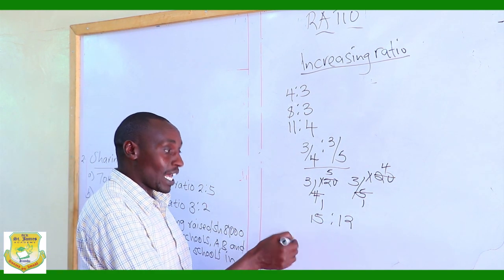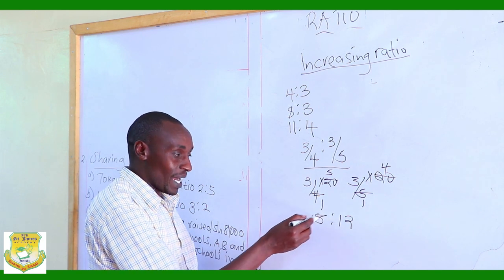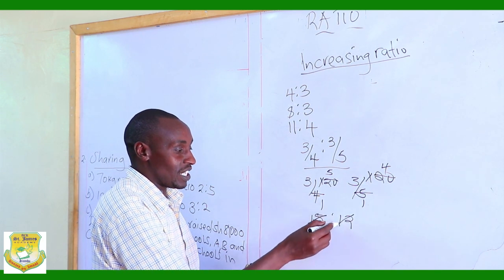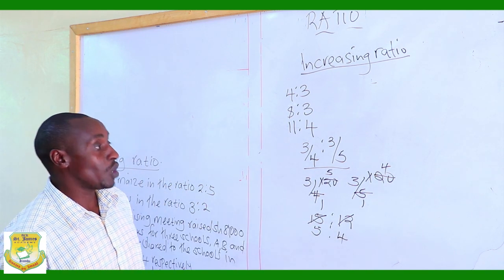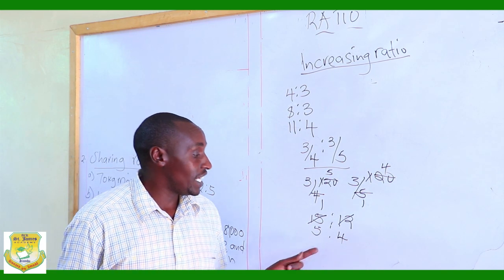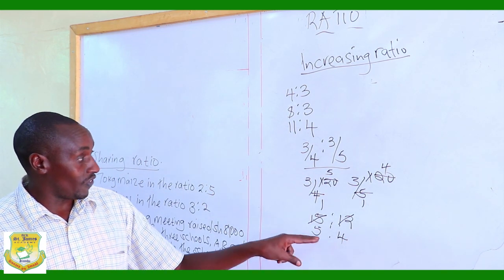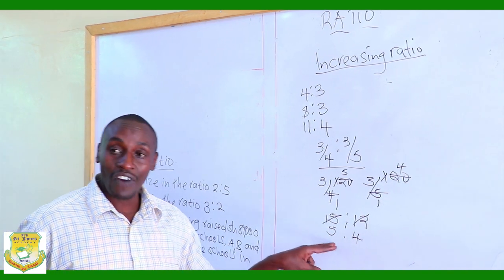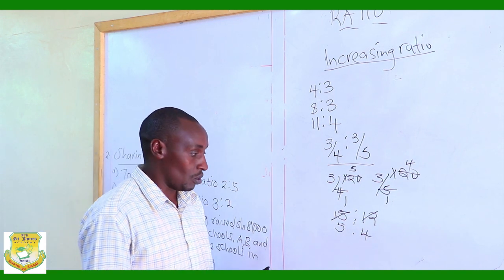There is a common divisor between 15 and 12. 3 is a common divisor, by 3, 5, by 3, 4. So still 3/4 is to 3/5 is an increasing ratio, because after converting to whole numbers, we are getting 5:4. This one is an increasing ratio.